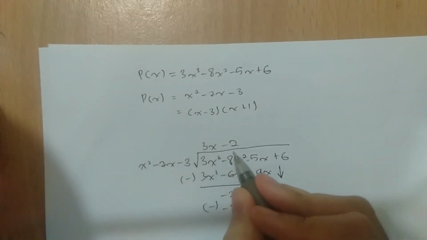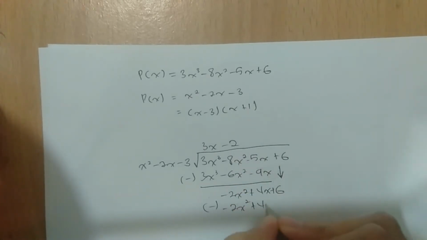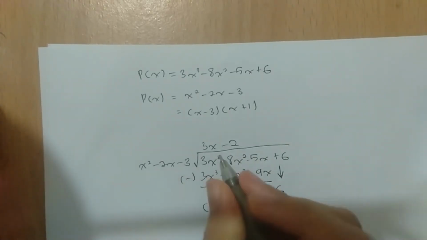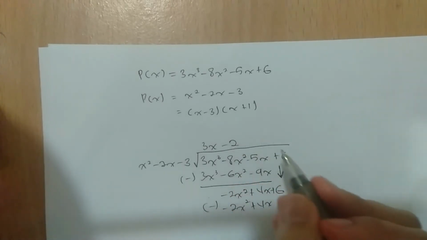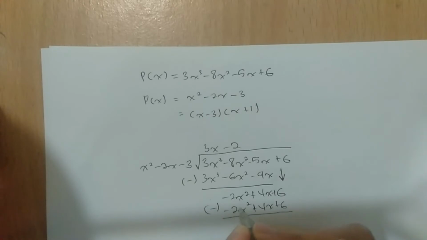Negative 2x multiply with negative 2, we will get plus 4x, and negative 3 multiply with negative 2, we will get plus 6. So negative 2x squared plus 2x squared, we will get 0. 4x minus 4x, we will get 0. And 6 minus 6, we will get 0.